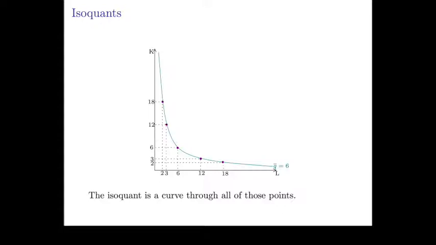The word iso refers to same, and for quantity, we use the term quant. So if we draw a curve through all the different bundles of inputs that give you the output of 6, we get this isoquant through all these bundles.